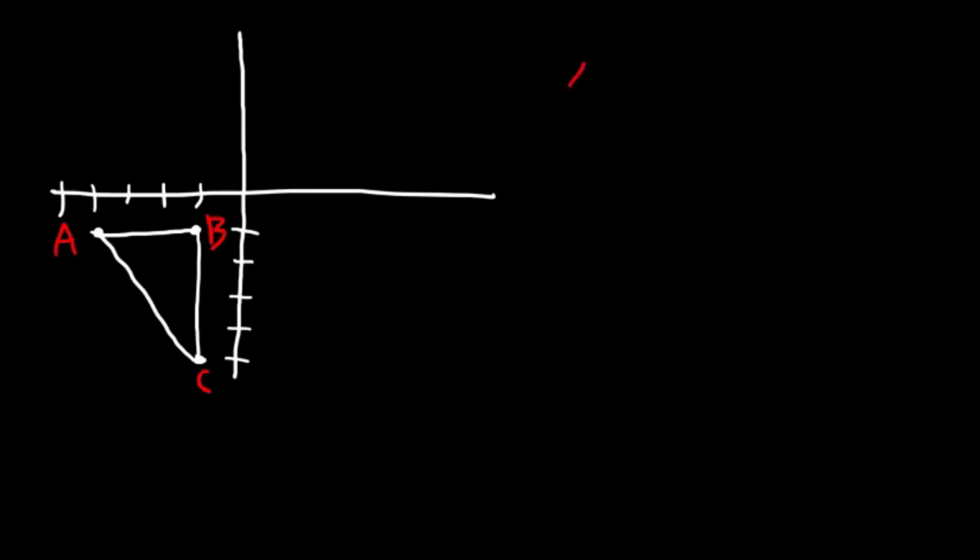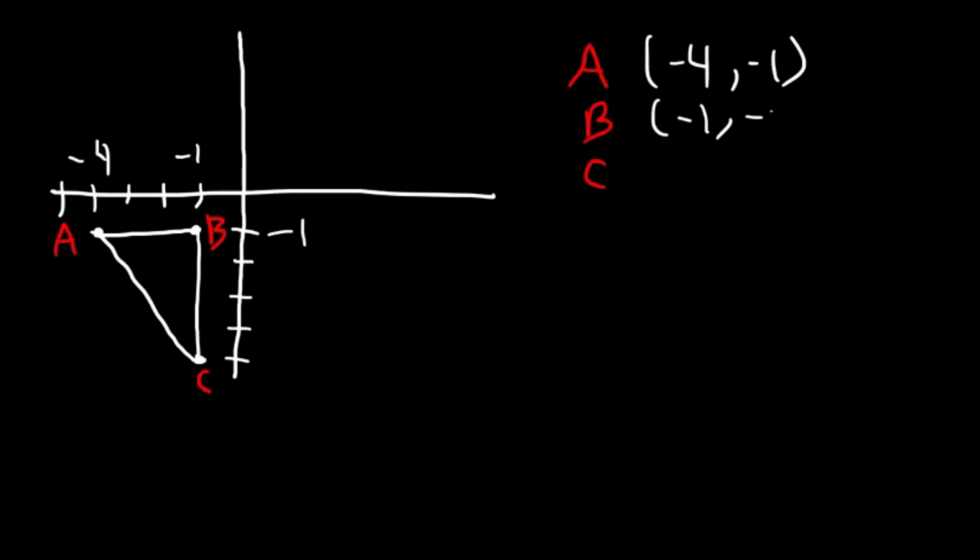So let's find the coordinates of points A, B, and C. A is located at -4, -1. B is located at -1, -1. And C is located at an x value of -1, but a y value of -5.